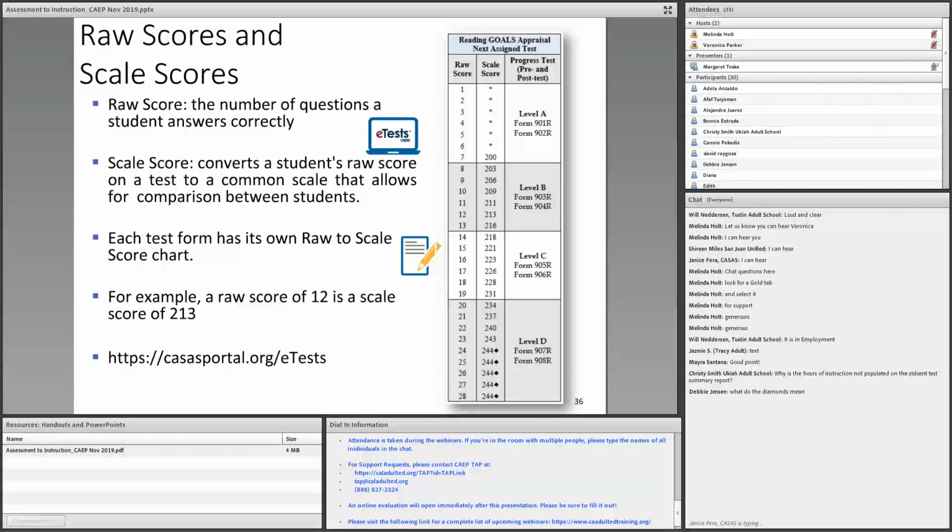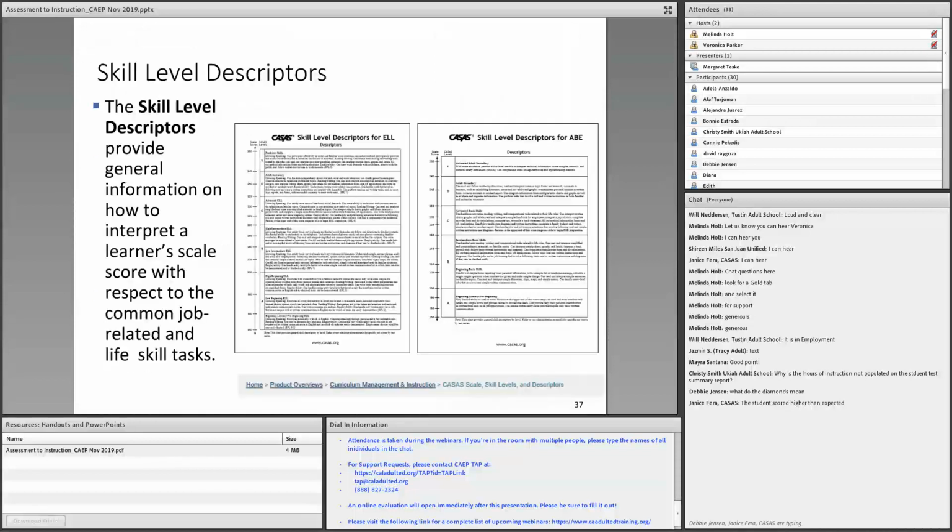And TE recommends that they retest if possible, or you take that into account. If a lot of your students get a lot of the diamonds, that may not be as accurate a score as you could get by going up a level. Does that help? Great, Janice is adding the student scored higher than expected.